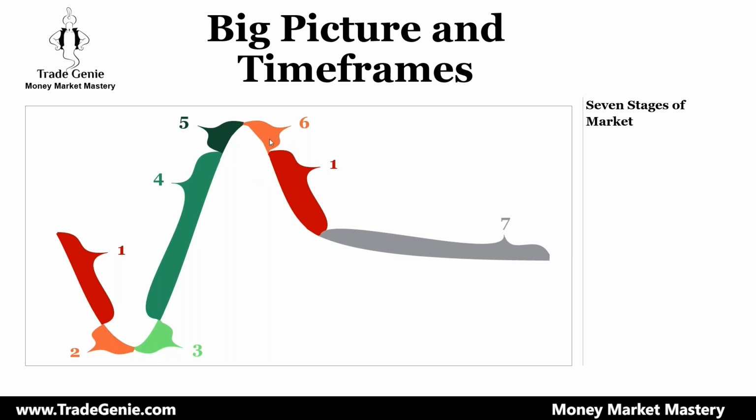Most likely it's not 5. If I look at the daily chart of Apple, it's in stage 6 right now. So it could create, who knows, another stage 4, because after creating a stage 6, the market can do a stage 4.